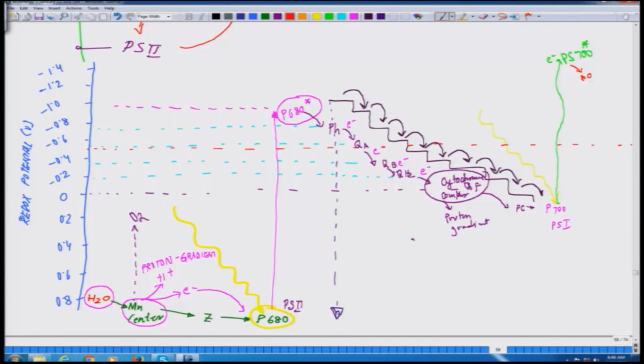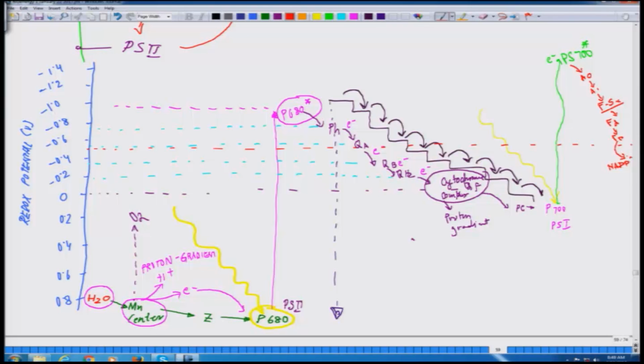So, A0 to A1, and then it comes to something called an iron sulfur cluster, the iron sulfur FX cluster. From there it moved to something called ferredoxin, Fd. From there it comes to ferredoxin-NADP reductase, and from here it is given to NADP.